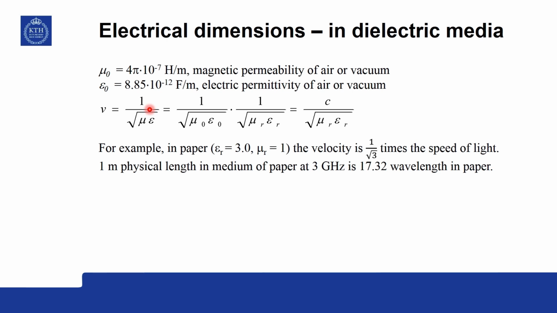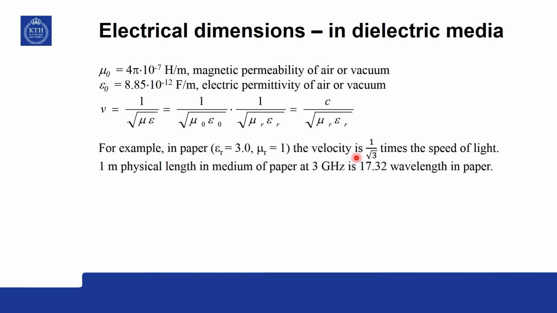Mu epsilon has two terms: mu is mu 0 times mu r, and epsilon is epsilon 0 times epsilon r. If we separate it out, we can write it as c divided by the square root of the relative permeability and permittivity, because 1 by square root of mu 0 epsilon 0 is the speed of light c. For example, in paper mu r is 1 and epsilon r is 3.